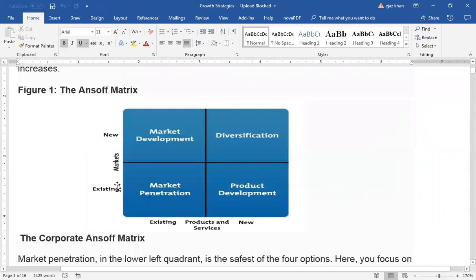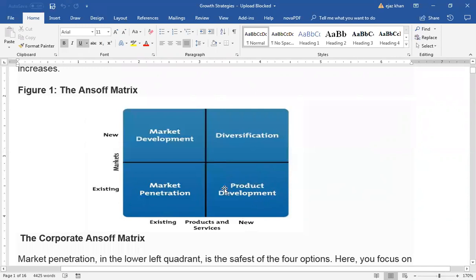But if the company wants to stay in the existing market, that is, it wants to offer to the same customers, but it wants to grow without doing market penetration, then it can develop new products and offer them to the same customer group that it is already offering any other product.